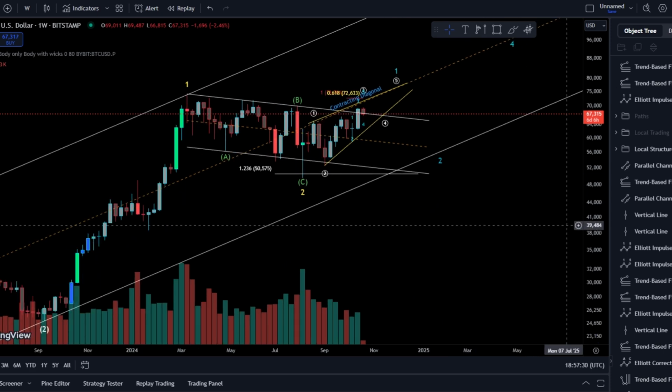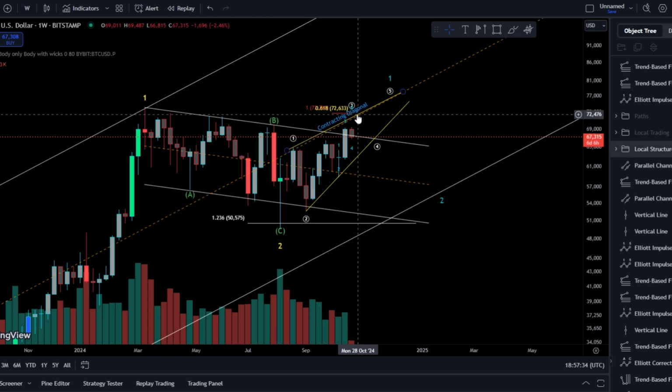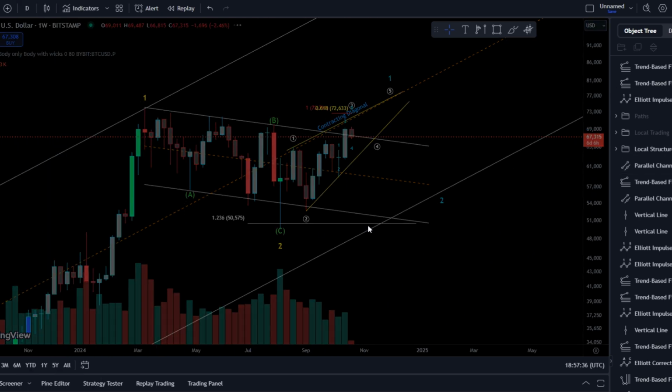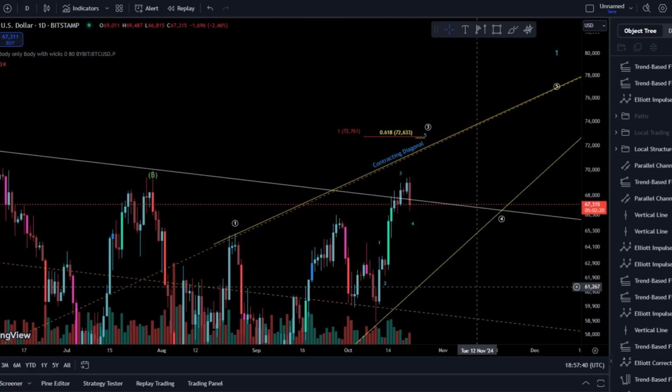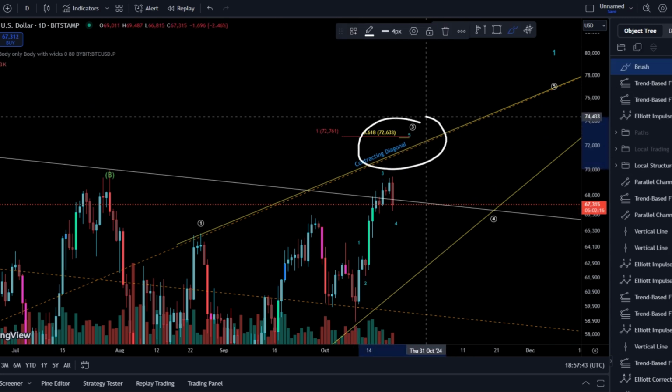And the orange dotted line coming across here is also exactly in the region of where we are looking for this to finish.